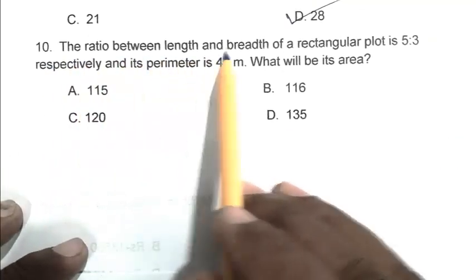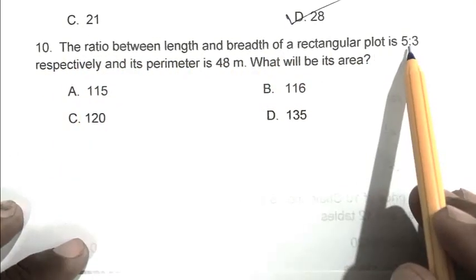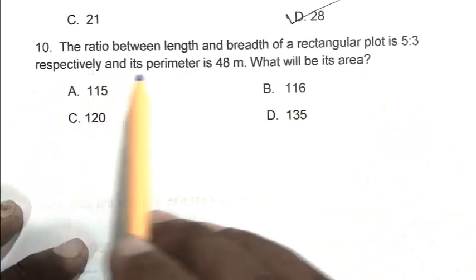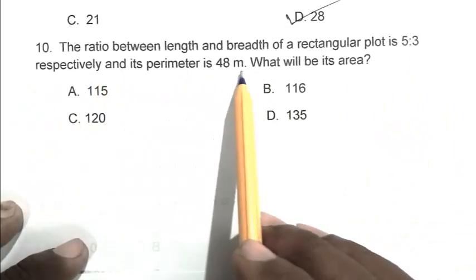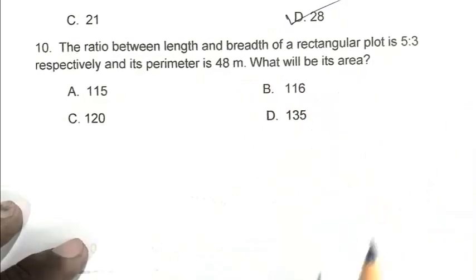Question number 10. The ratio between length and breadth of a rectangular plot is 5:3 respectively, and its perimeter is 48 meters. What will be its area?